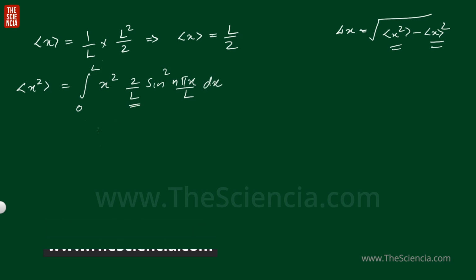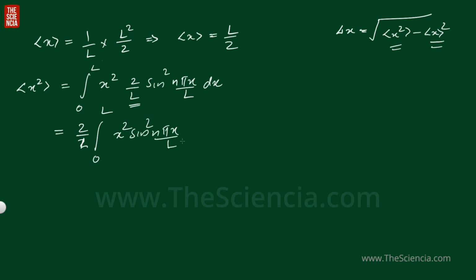So here I can take this 2 by L outside the integral, that is 2 by L integral 0 to L x square sine square n pi x by L dx. Here we have to rewrite sine square n pi x by L in another form, that is 1 by 2 into 1 minus cos 2 n pi x by L. Now we can substitute this value here.